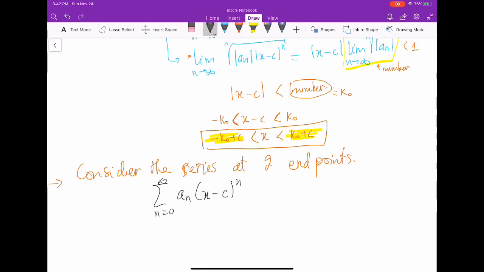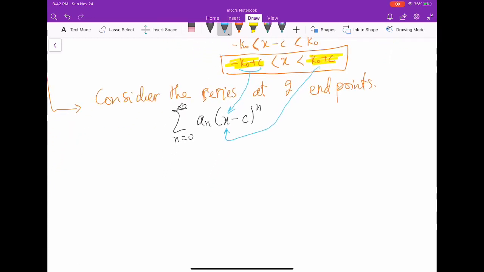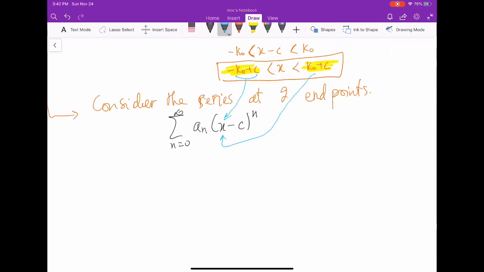You get two numerical series, and you have to consider the convergence of those series. Then combine with this interval, and you get the final answer.